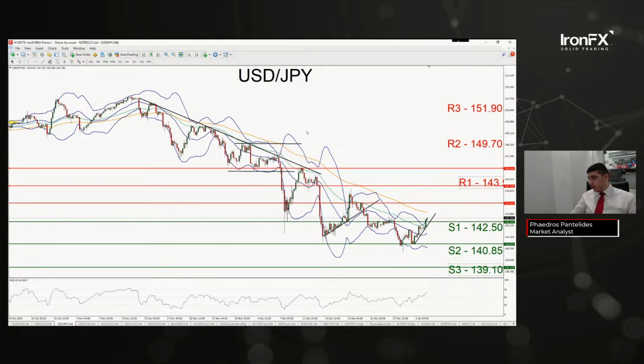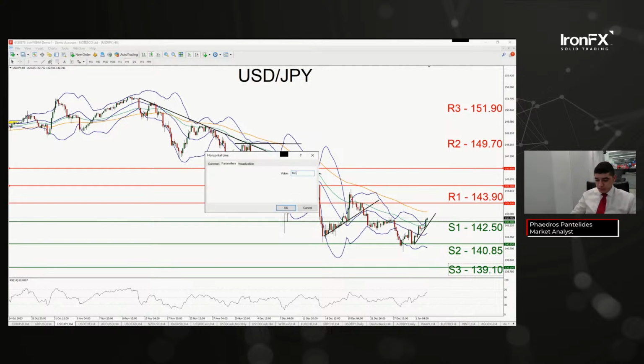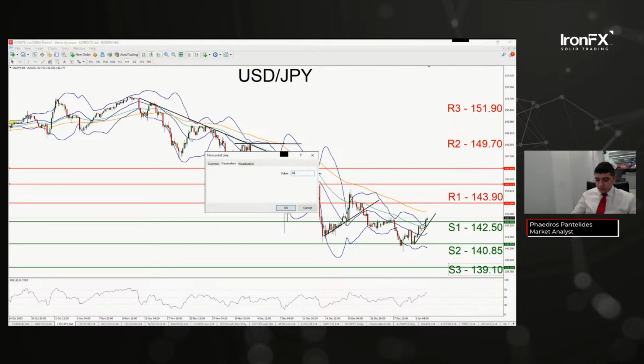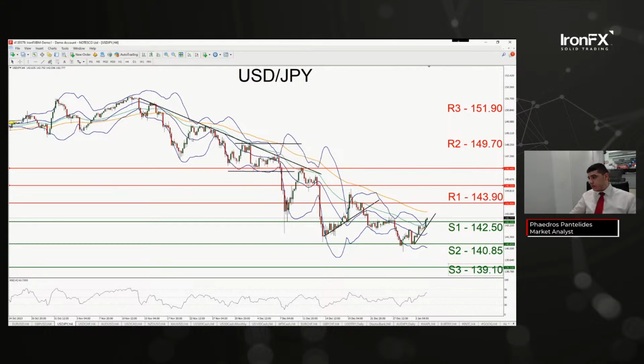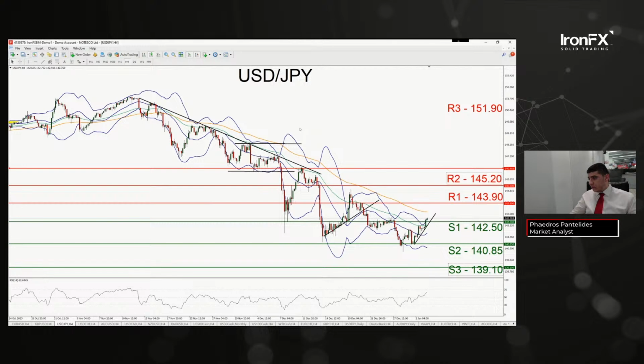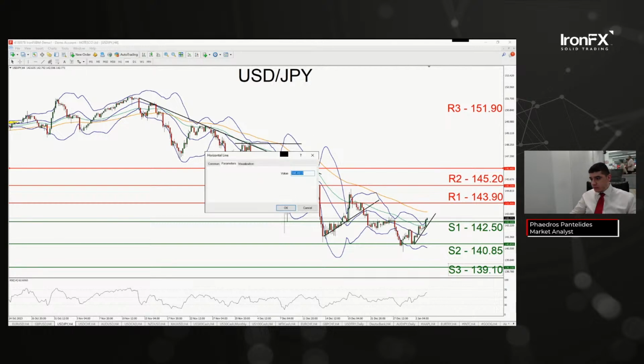And then R2, 145.2. And then for R3, 146.5.